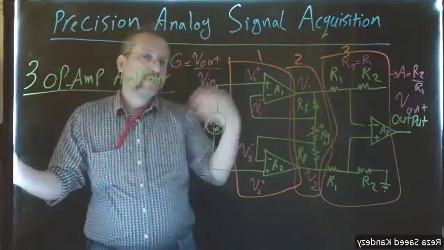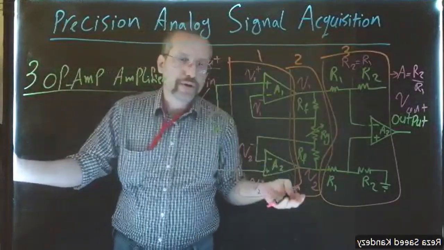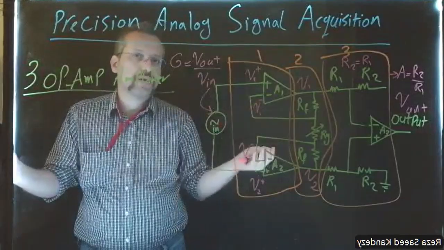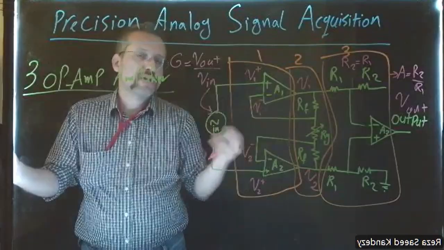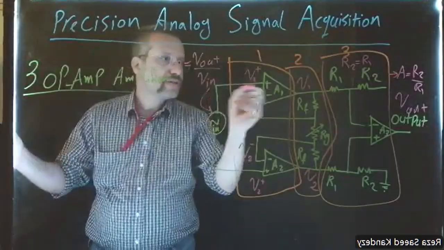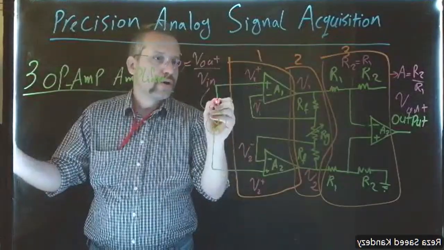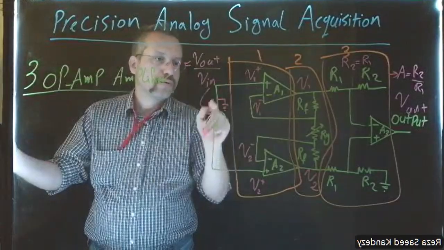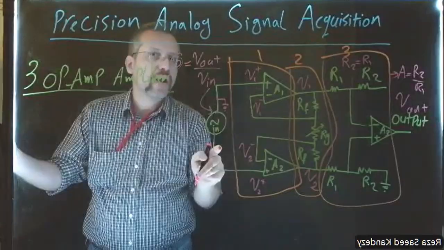Now, I wanted to make it a little bit easier. Since this is an alternating signal, there is no positive or negative terminal, so I'm going to connect this part of my input to the ground. So this is 0, this is V in.